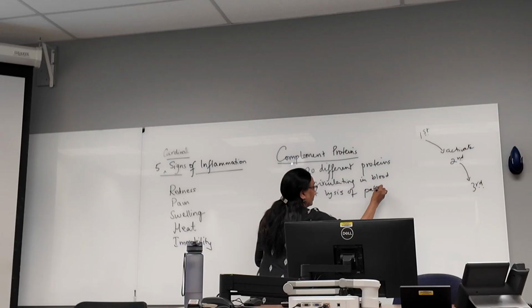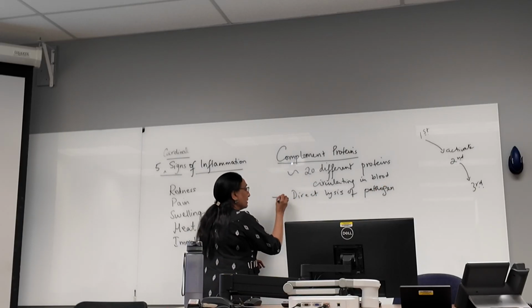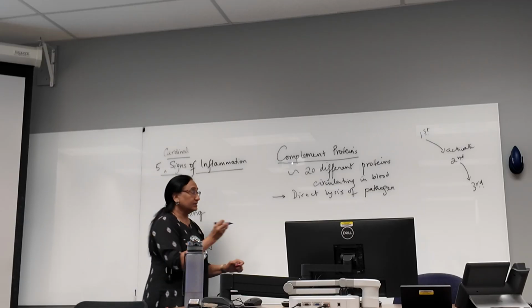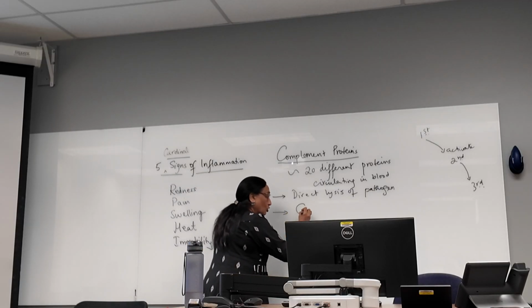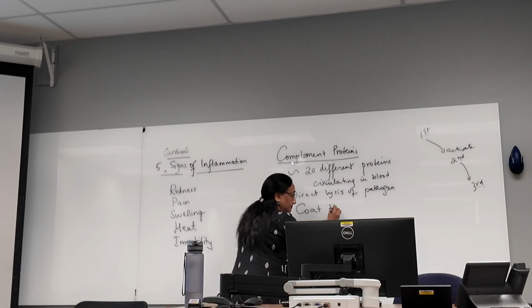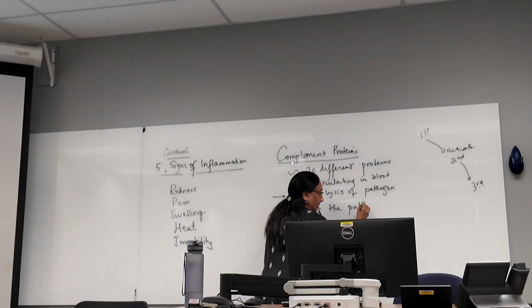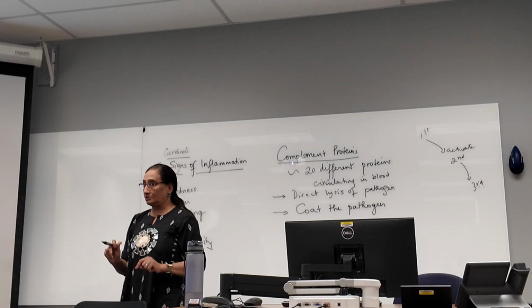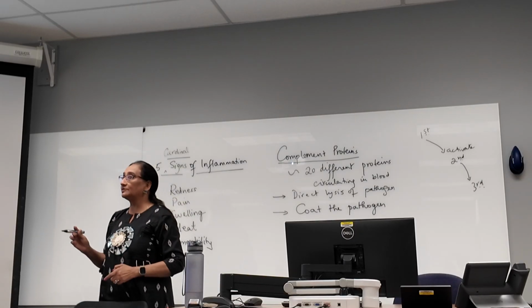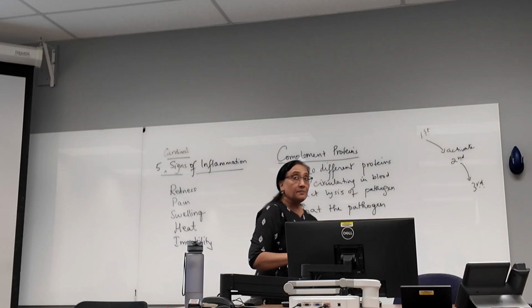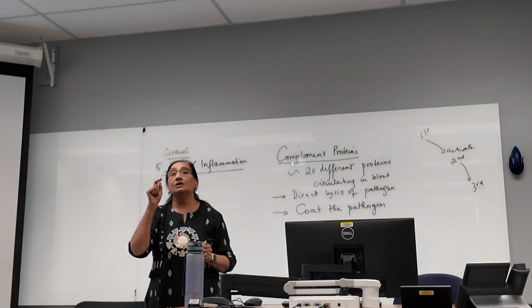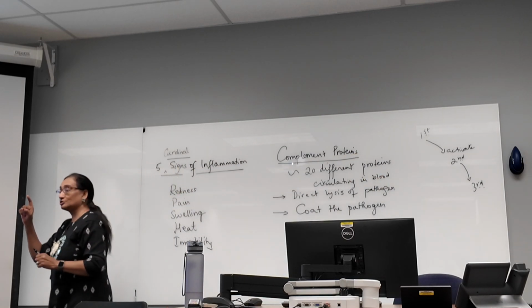The second mechanism by which complement proteins function is they can coat the pathogen. They can form a coating on the pathogen, sort of stick to the surface of the pathogen, and make it easier for the white blood cells to recognize which cell has to be destroyed.